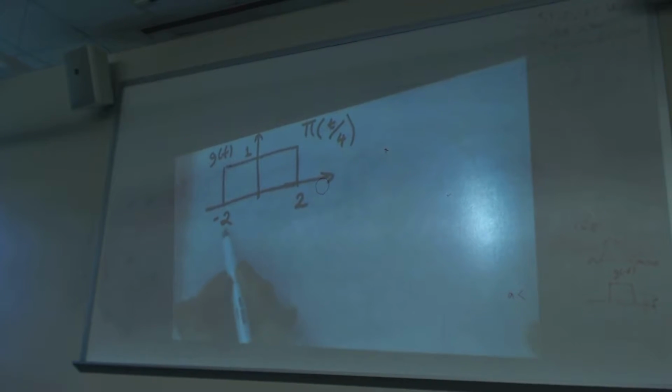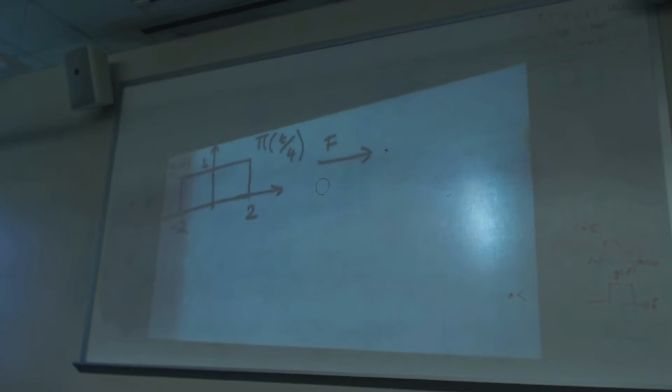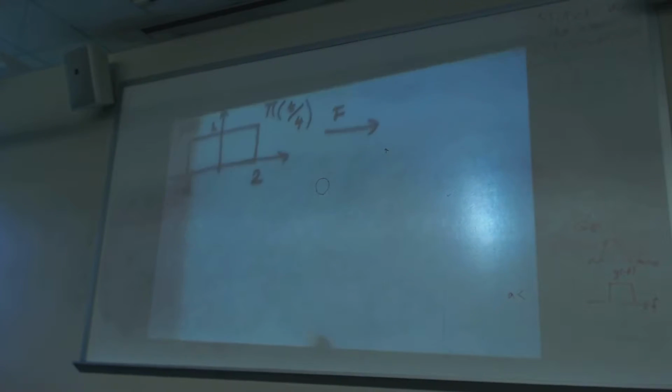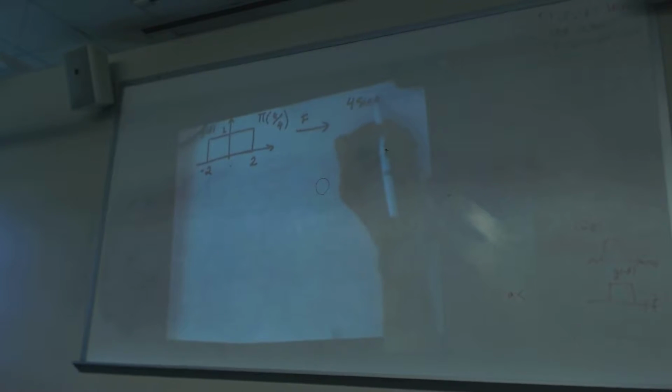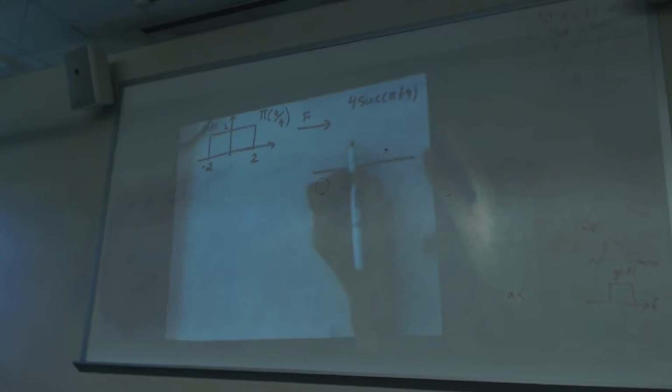This here is also the element duration. If I take the Fourier transform, this is mapped to a sinc function, which is 4 times sinc of 4f. Here the first null is 1 over tau, and my tau is 4.